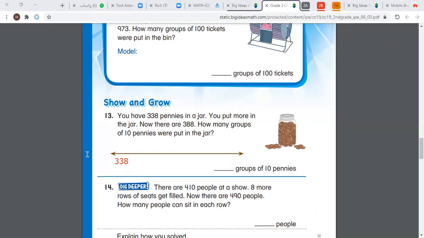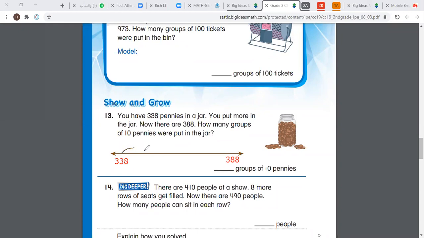Okay. Now let's count by tens. Why? Because he asked you how many groups of 10. So count by tens to reach 388. Here, 388.